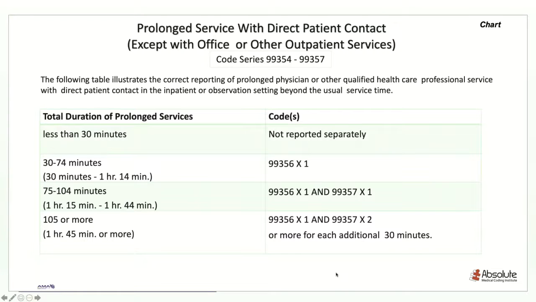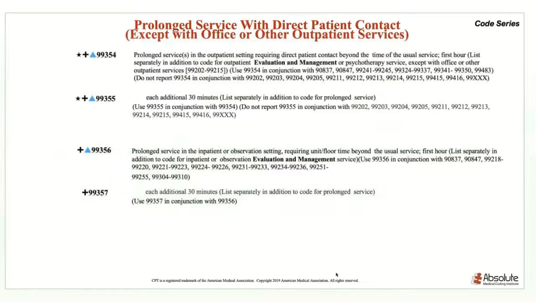Now let's look closer at this code language. If you look at 99354 closely, this is for prolonged services in the outpatient setting. We are not talking about office visits, except office or some other outpatient services, but pretty much this is outpatient services.